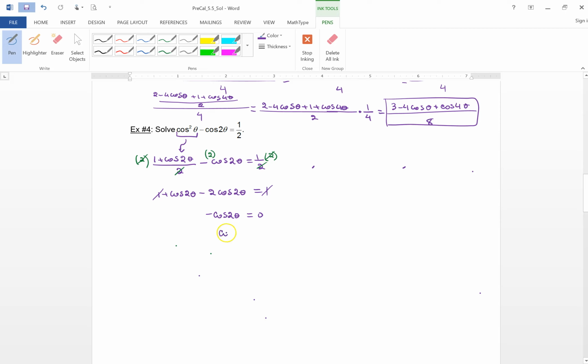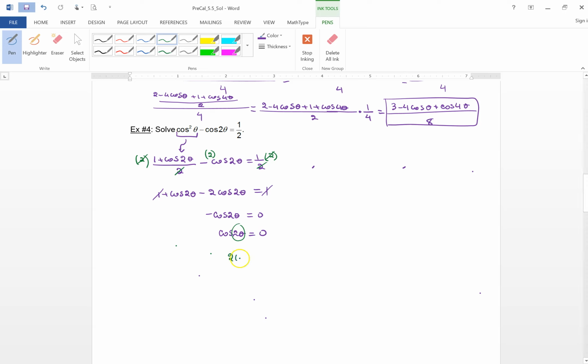So cosine 2 theta is equal to 0. Now, what angle gives a cosine of 0? Pi over 2. So now, what's my angle here though? So I'm solving for this now.